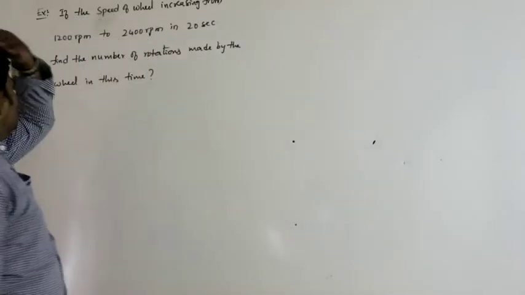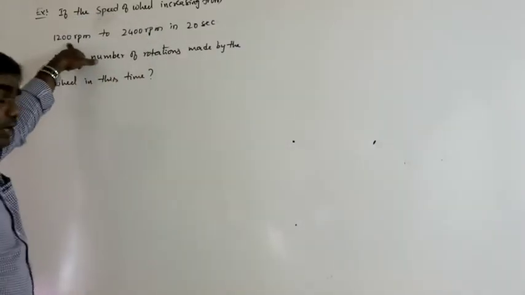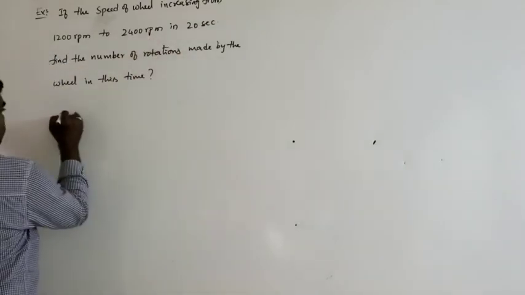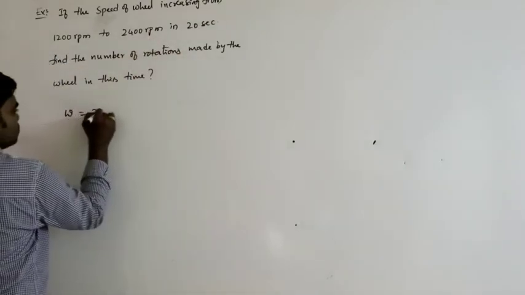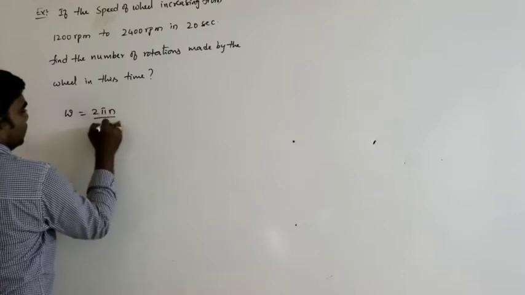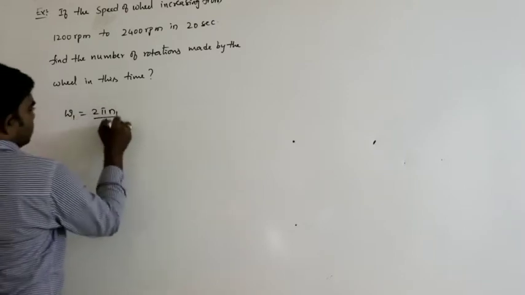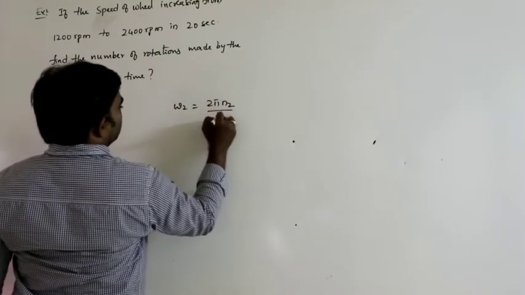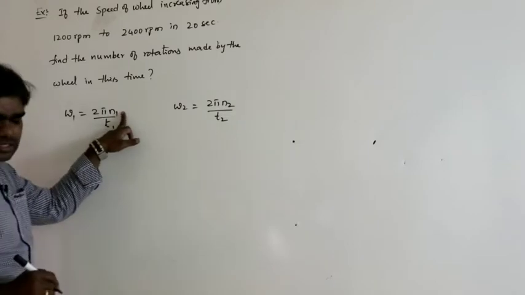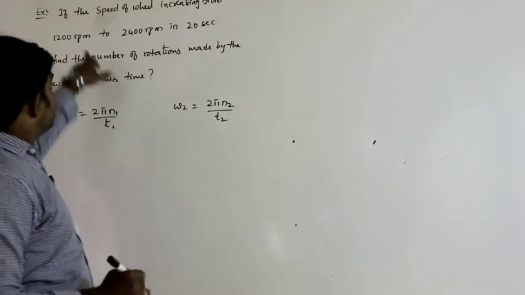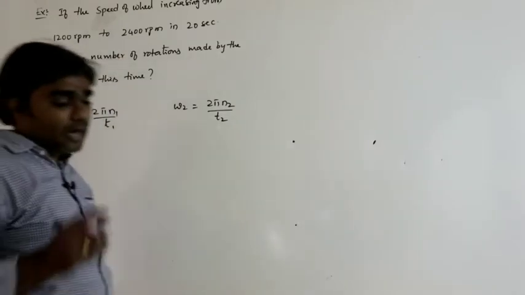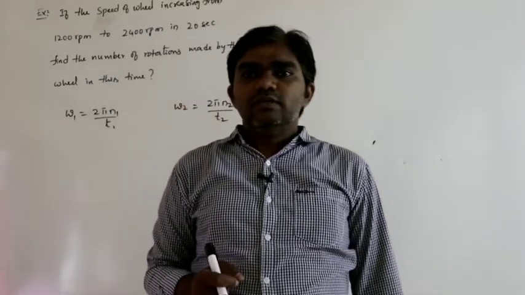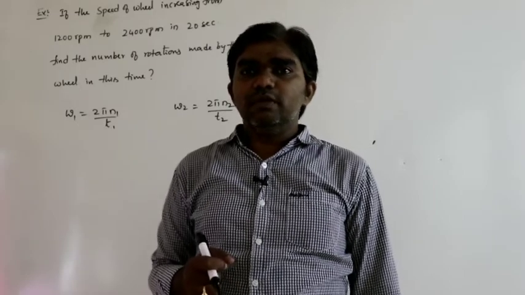Initially it is 1200 rpm, then 2400 rpm. Generally we know the omega formula is 2 pi n1 by t1, and omega 2 is equal to 2 pi n2 by t2, where n is the frequency and t is the time. Here, rpm means rotations per minute.